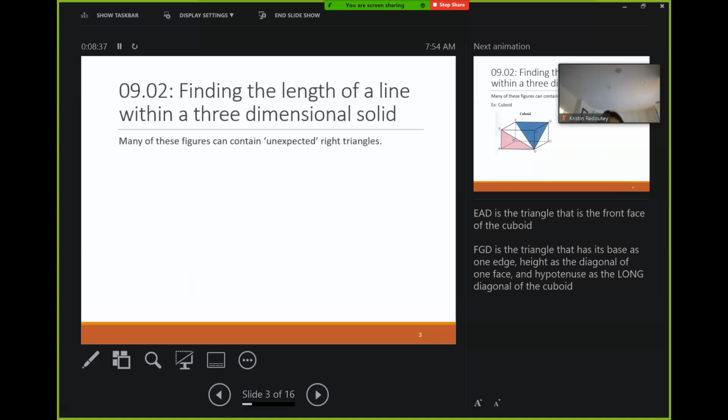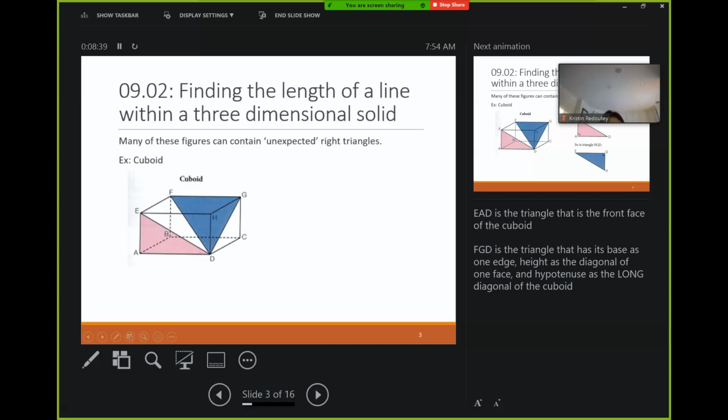Okay, so like I had mentioned, sometimes it's easy to see these calculation triangles, and sometimes it's not. This pink one here, where it's just half of that front face of our cube, cuboid is just another term for a cube, should be fairly easy to see that that's a right triangle.